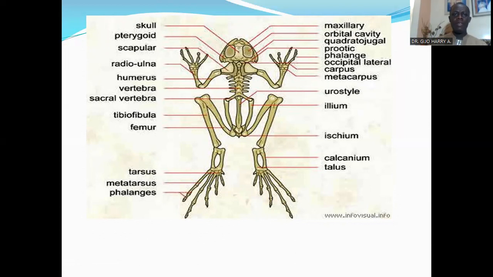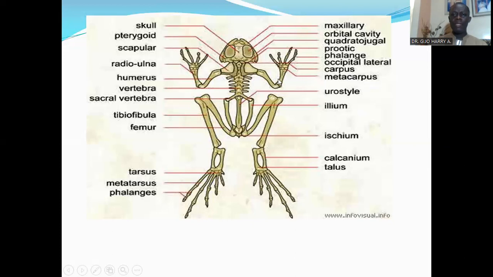The radius and ulna are fused to form what's called the radio-ulna. Then we also have the metacarpals and the carpus that are common to reptiles, birds, and mammals.